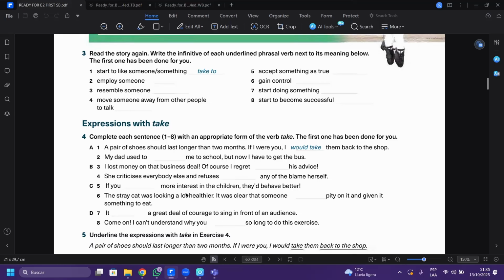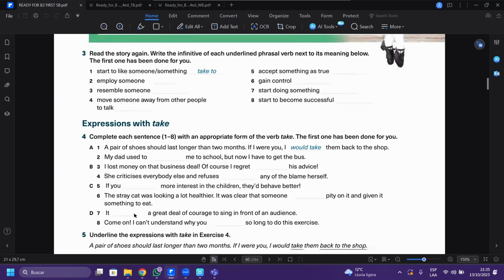Yes, and 7 and 8, the previous one. And so I thought that in 7 it could be start something big. Oh yeah, it could be start doing something or start to become successful.